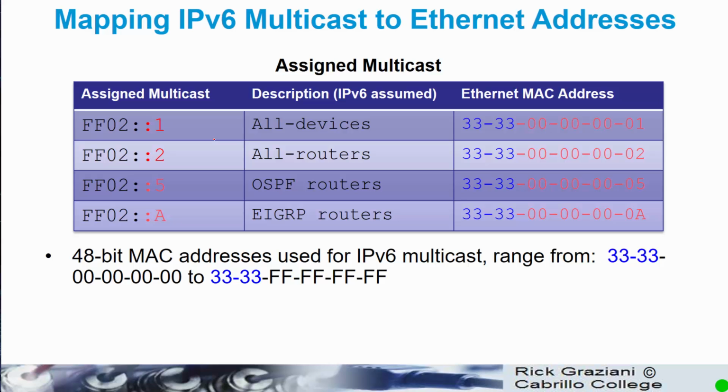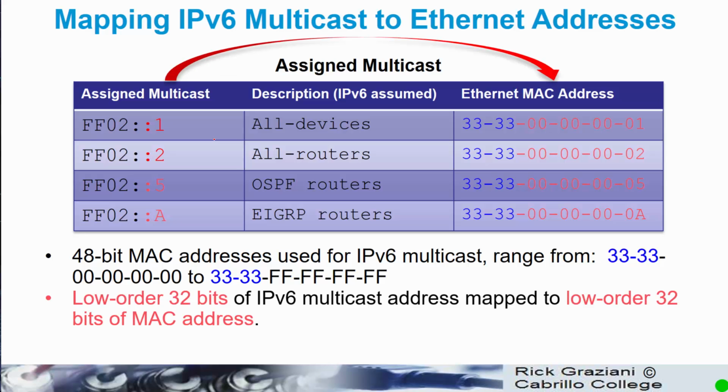So if we do an Ethernet MAC address of 333300000001, that's going to be for all devices. If we're doing 333300000002, that's all routers, and so forth. The lower order 32 bits of the IPv6 multicast address map to the lower 32-bit portion of a MAC address. This is going to allow us to do mappings from our IPv6 multicast to our Ethernet multicasts.